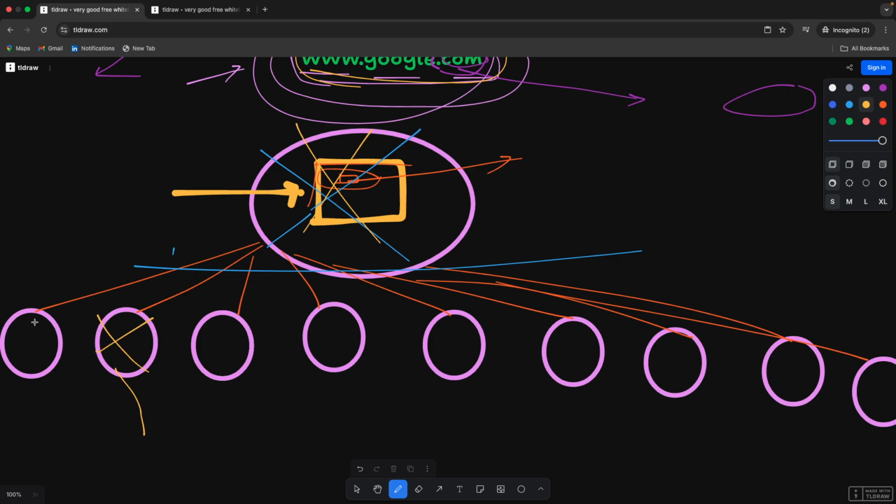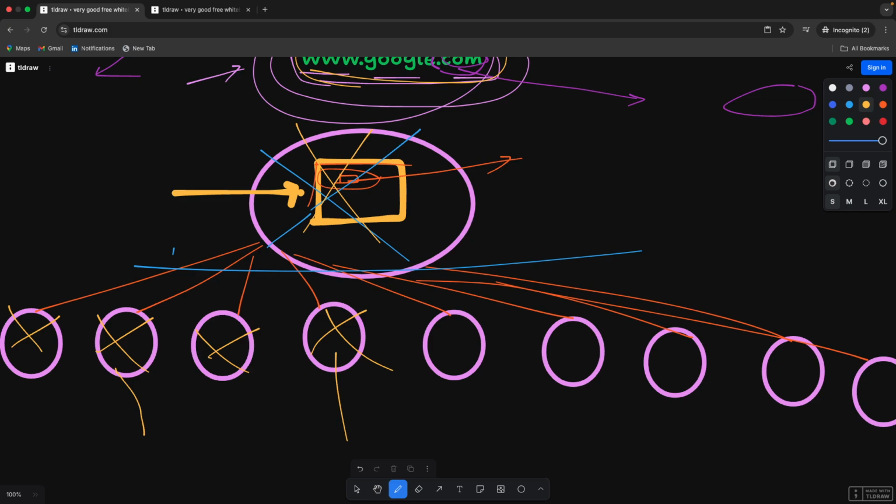Although the failure can occur at these top level domains, because here is where the search is going to start, these companies have certain mechanisms to avoid that central point of failure.